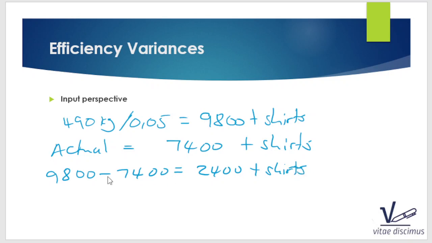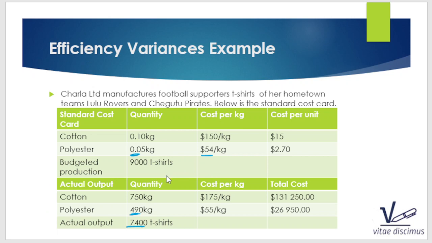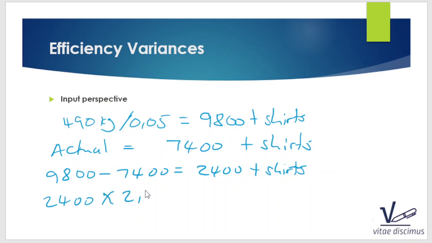So we wasted material of 2,400 t-shirts. Then we need to multiply that 2,400 t-shirts by the cost per t-shirt in terms of polyester. Per our standard cost card, each t-shirt was supposed to use $2.70 worth of polyester material. So if we multiply by $2.70, we again get $6,480 unfavorable.